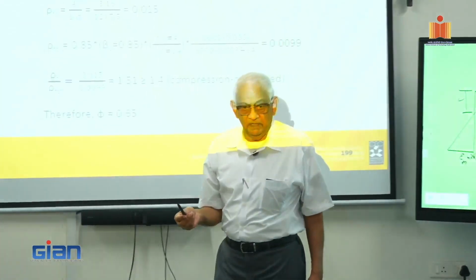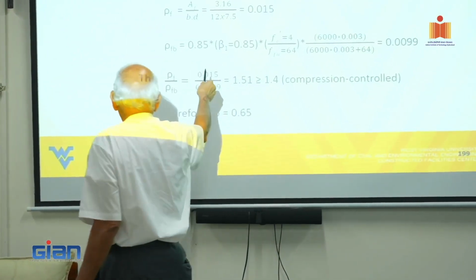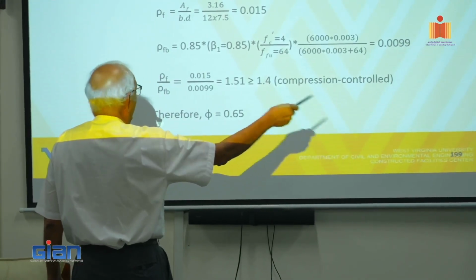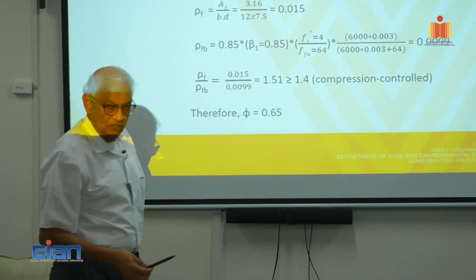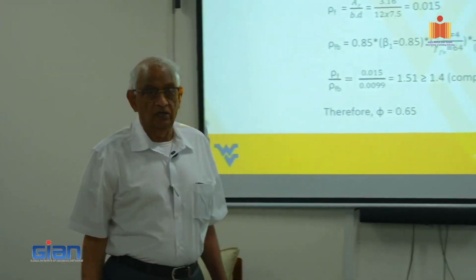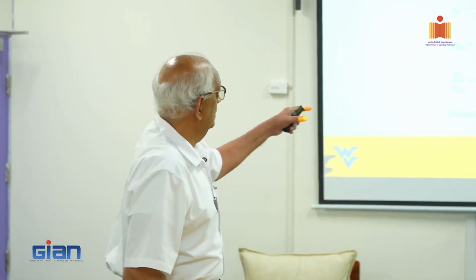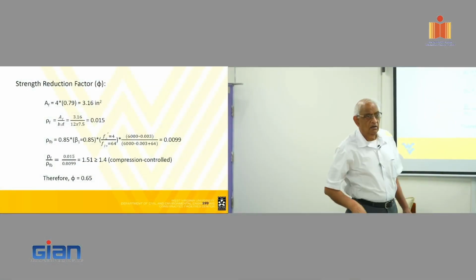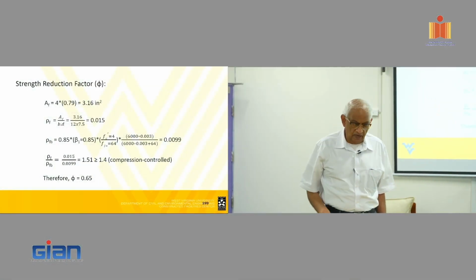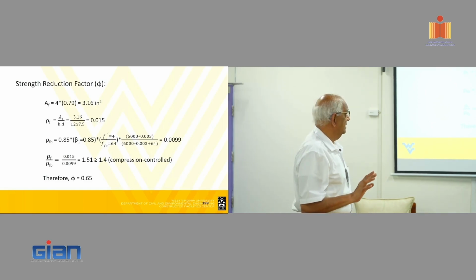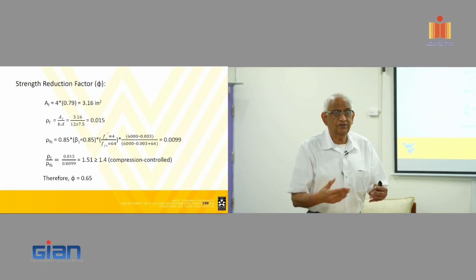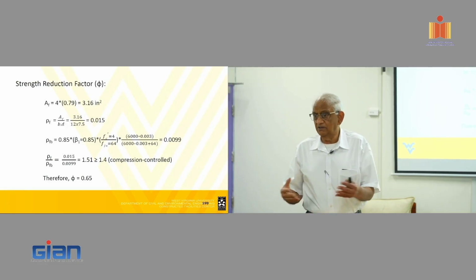Strain compatibility, you're correct. And if you don't know how I derived that, it's all in there if you look at it, but I'll be very happy to provide you with additional intermediate steps. This comes from the strain compatibility. That's a very, very important thing because that determines whether a given section is in compression or tension failure.